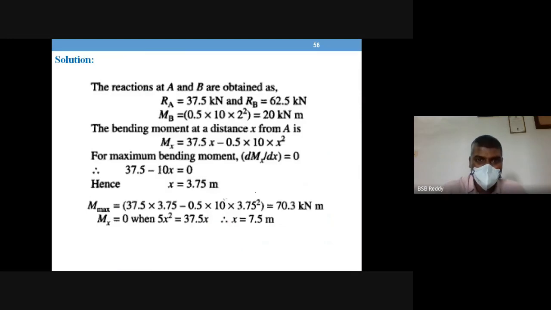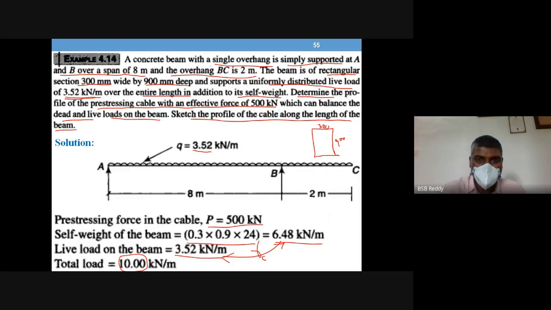Coming to the cable profile, if you want to present the cable profile, you need the bending moment value, because if you want to get the eccentricity of the cable from the axis of the beam, you need to have the a value.